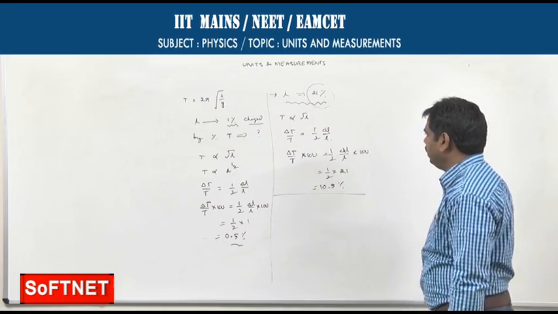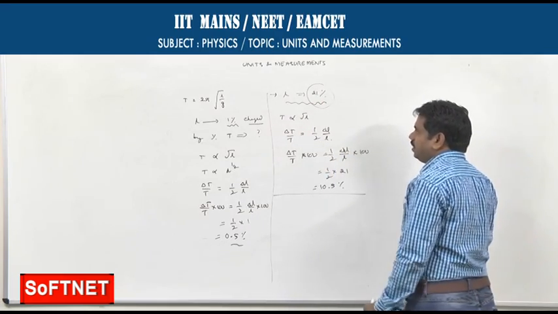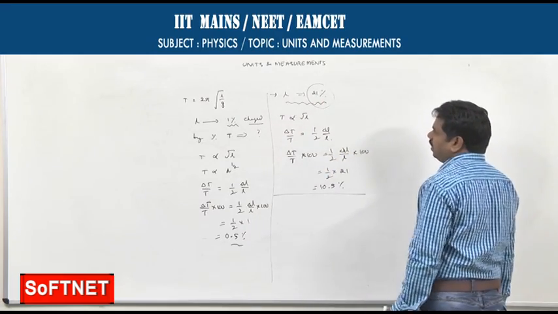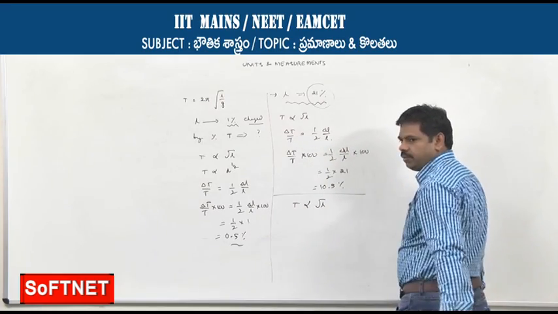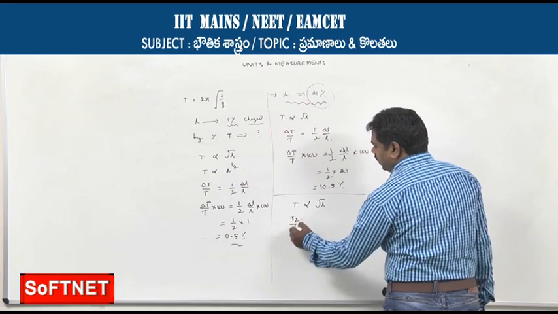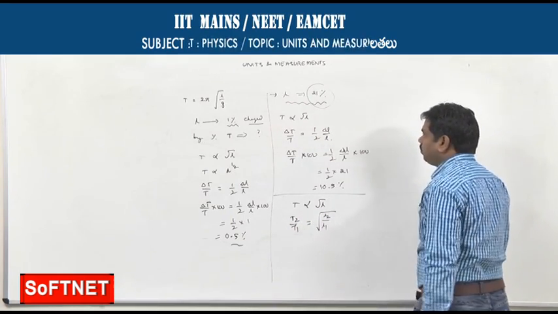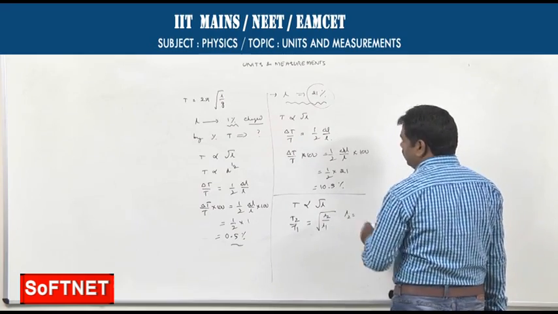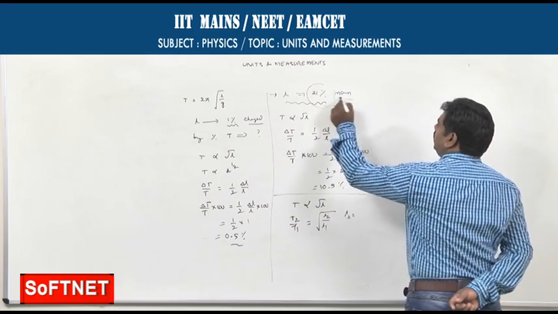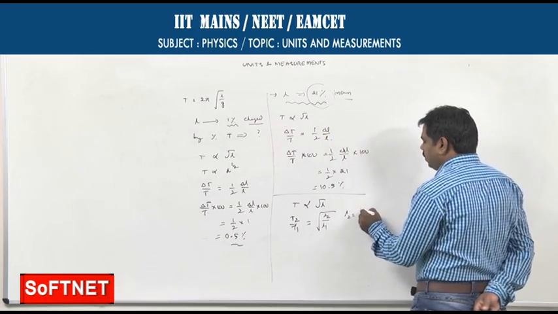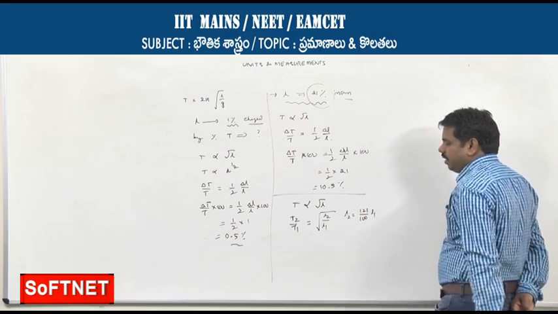This is actually not true. Whenever the percentage of change is given as larger values, then you have to use the direct formula method. T is proportional to root L, that is T2 by T1 is equal to root of L2 by L1. Here the final length is given how much? 21 percentage increased means L2 is equal to 121 by 100 into L1.